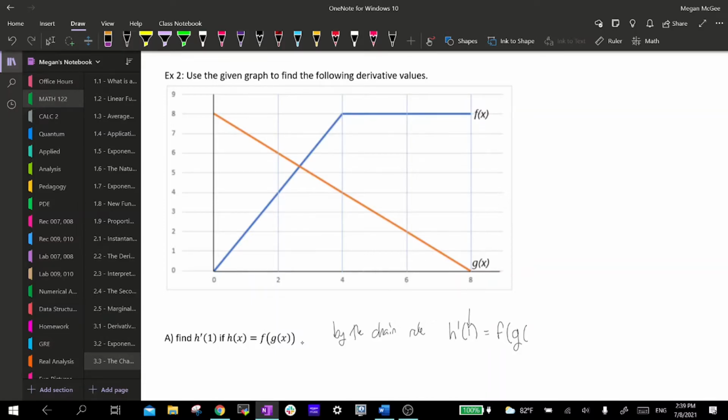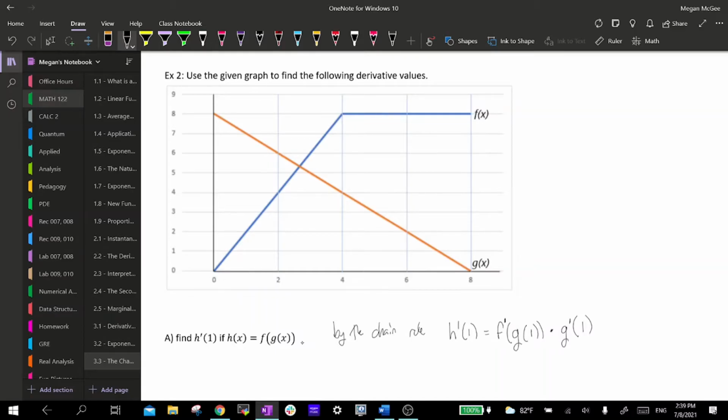So it's going to be f prime of g of 1, and I'm missing my prime. So the derivative of the outside function evaluated at the inside function, which is evaluated at the number that we are interested in, okay, times the derivative of the inside function, again evaluated at the number that we are interested in.